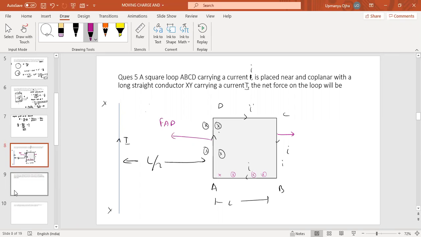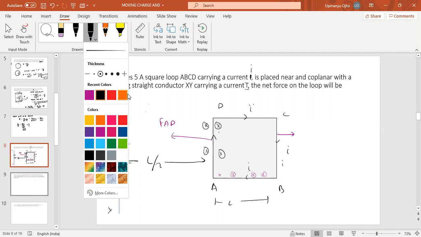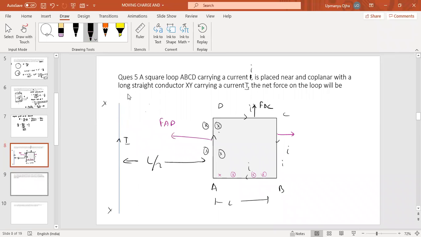And what is the direction of the magnetic force on DC? Current upward. For DC, it is upward, FDC, and for AB, it is downward.